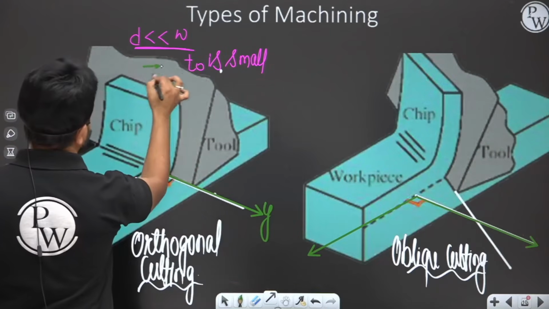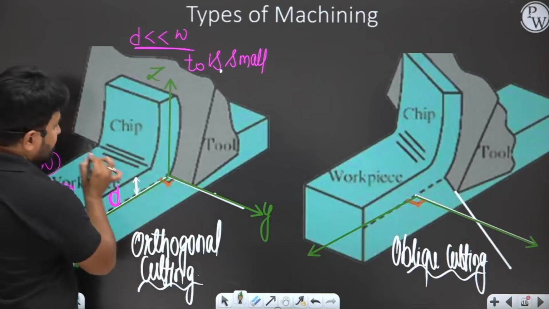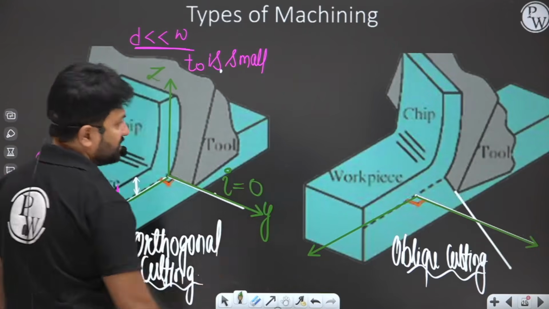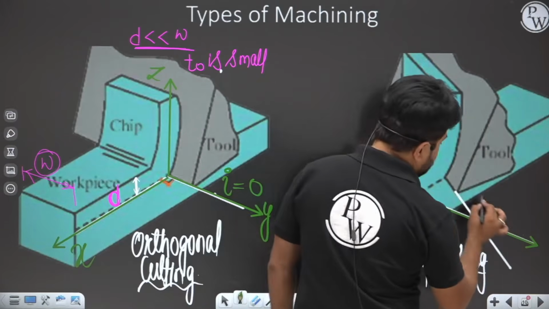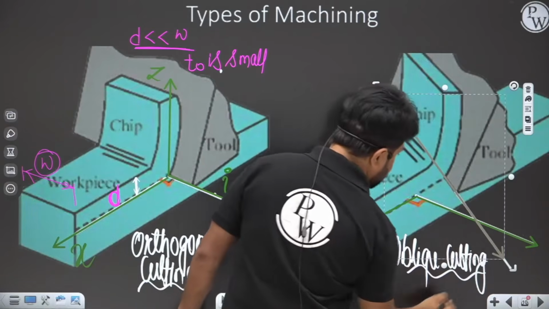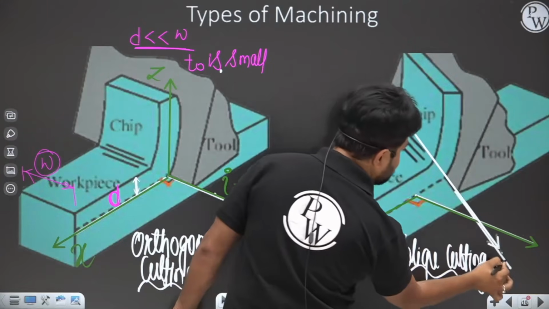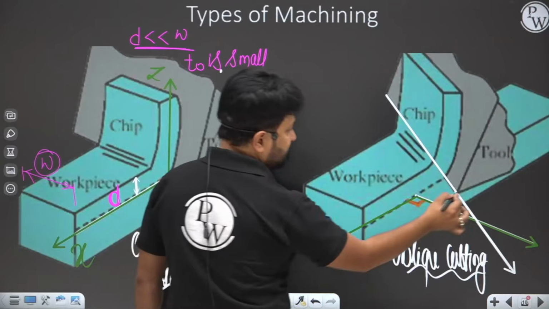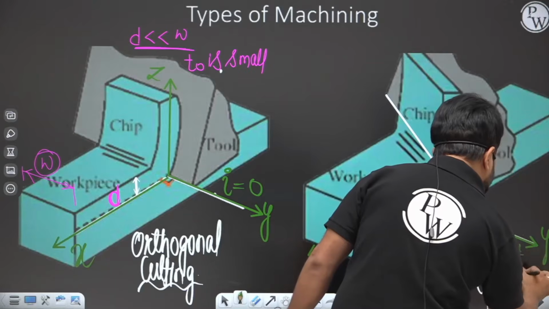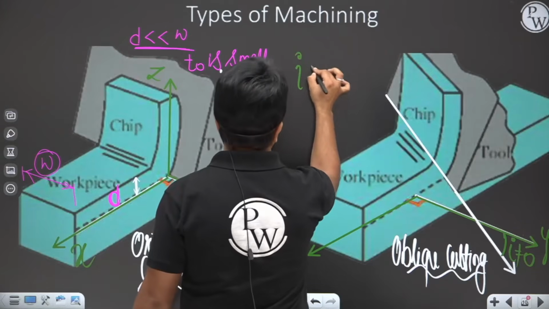The inclination of the cutting edge from the y axis here is 0, but here the cutting edge of the tool is inclined from the y axis, and it is not equal to 0. It has some value. So I is basically an inclination angle.